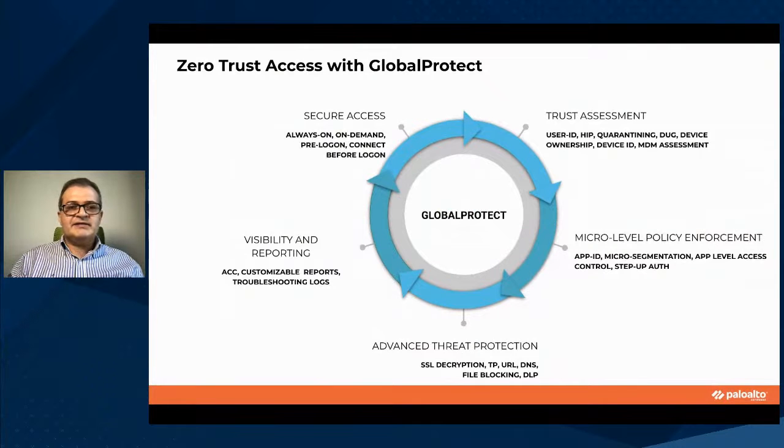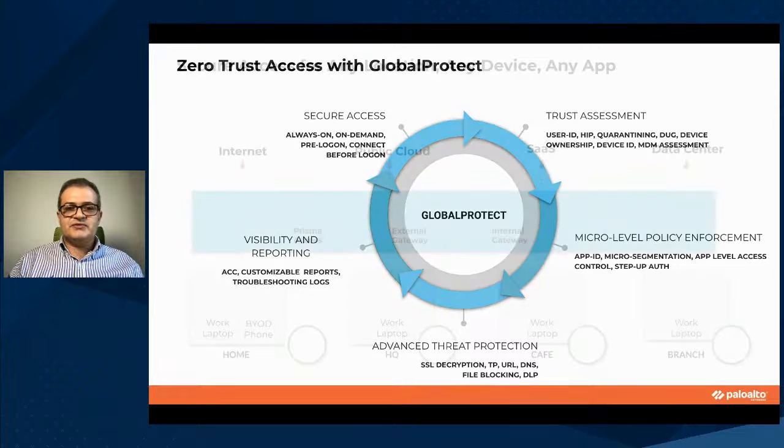And we can extend this zero trust to include these mobile users, although they are not on the corporate network per se, with Global Protect. So we can do a trust assessment. We can do micro level policy enforcement, advanced threat protection, visibility and reporting, as well as secure access. The granularity that we can provide with Global Protect is essential for Zero Trust.